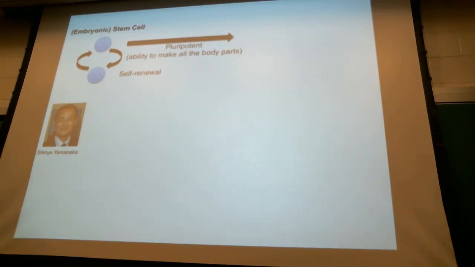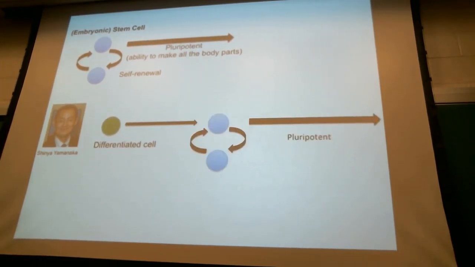So he took differentiated cells, such as a skin cell, and then forced them to express several genes, and then this cell will turn into an embryonic stem cell-like cell. We call it induced pluripotent stem cell, iPS cell.